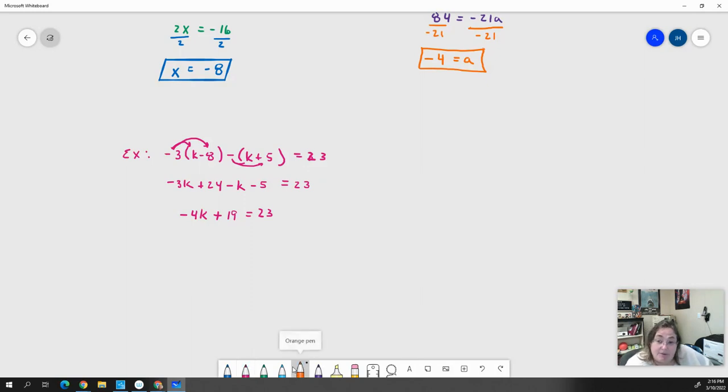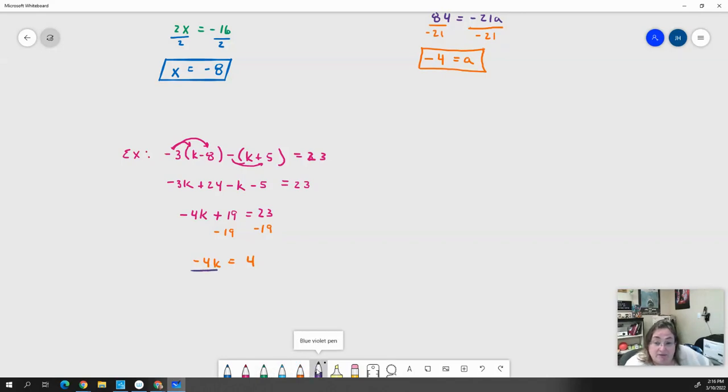So we would start by subtracting this 19 from both sides. And when I subtract 19 from 23, there's my minus 4k, I get 4. The only thing left being done to that k is that negative 4 being multiplied to it.